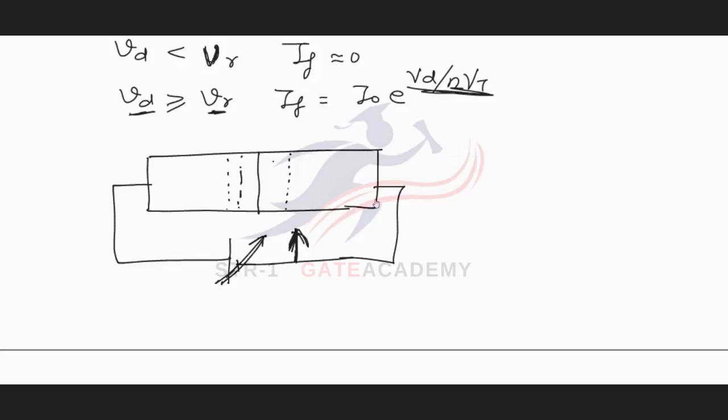Means the depletion layer width of a forward biased PN junction is less than the depletion layer width of unbiased PN junction. So we can say that the depletion layer width W is inversely proportional to forward biased voltage. We don't have exact equation, but depletion layer width decreases with forward biased voltage.